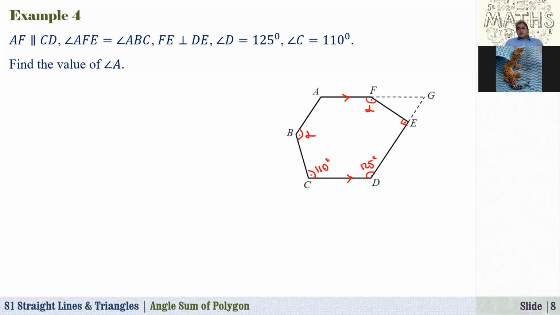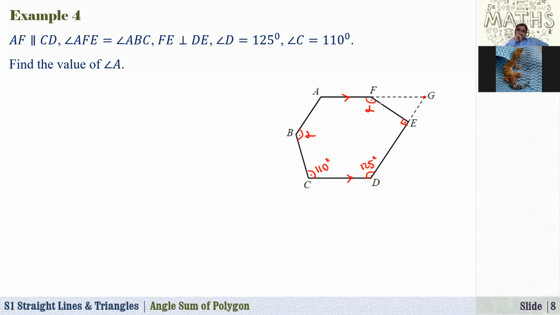Okay. So now, since AF is parallel to CD, if I just extend E to G and also F to G, they meet each other at this point. So at that time, what do we get here? This one is 90 degrees. This one is alpha, 180 minus alpha.